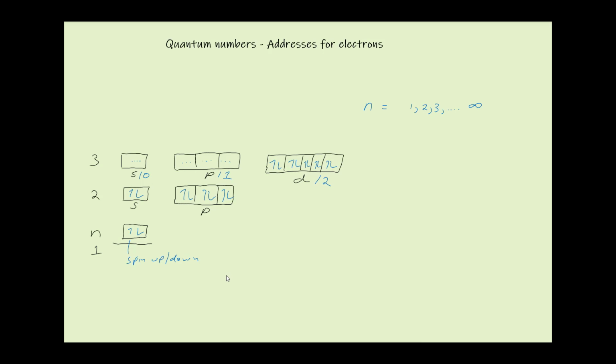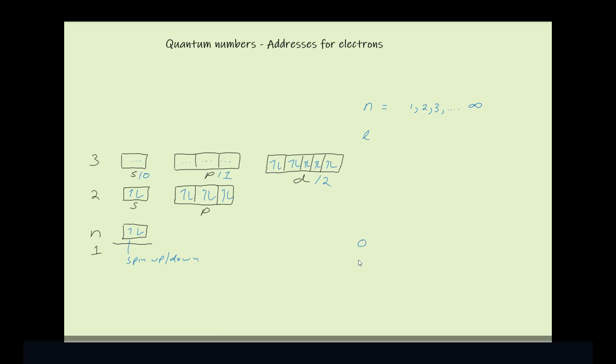It's just nicknames, right? The S, P, and D are actually nicknames for the numbers 0, 1, and 2. So for street names we're using N, and for house names we're going to use L. Notice how when N equals 1, on the smallest street, we could only have an L of 0.